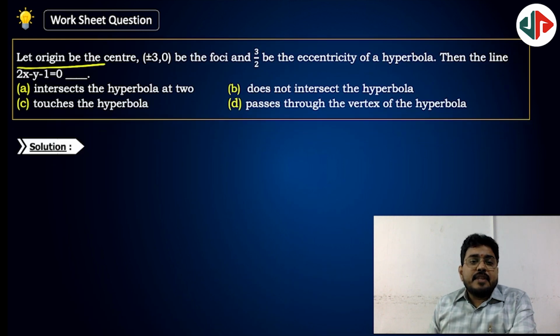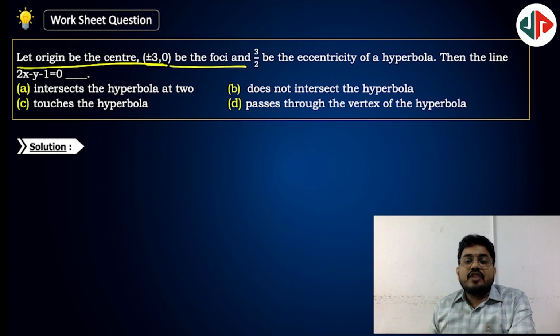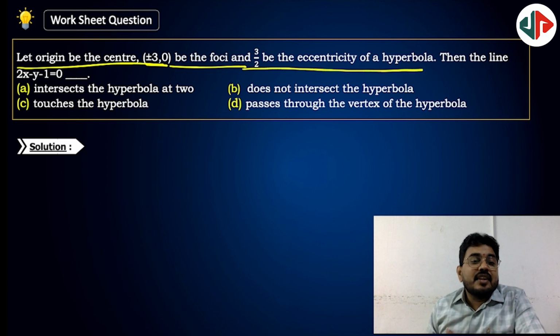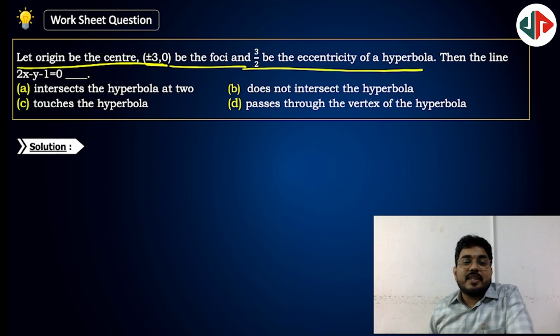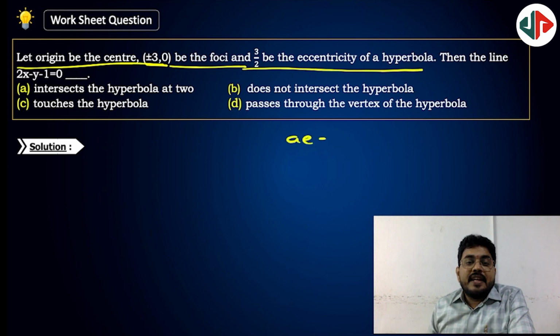Let the origin be the center, with foci at plus or minus 3 comma 0, and 3 by 2 the eccentricity of the hyperbola. Then the line 2x minus y minus 1 is equal to... So what is this hyperbola we need to write? AE is equal to 3, E is equal to 3 by 2.